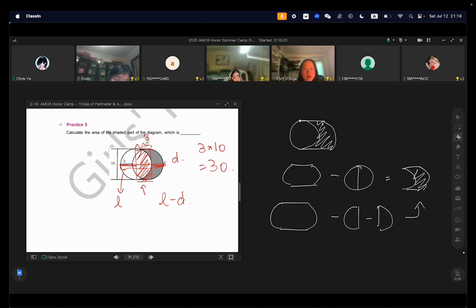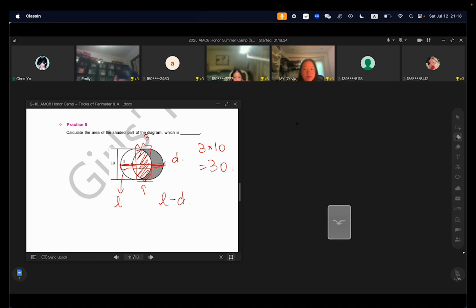Basically, it says that the shaded part is, so this is the whole shape, right? And let's say this is one circle. So the shaded part is going to be the whole shape minus one circle. And we can divide that circle up into two semicircles.